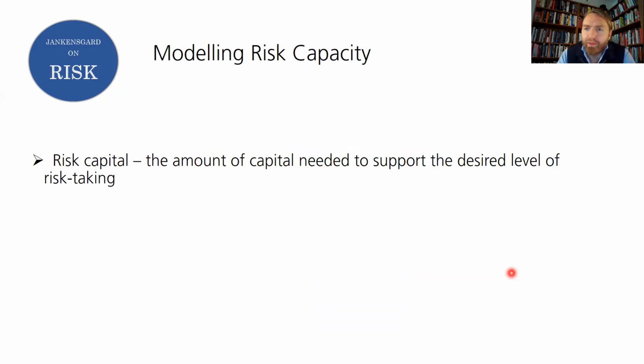So just to recap a little bit from the video on how to think about risk capacity. We were saying there that there's something called risk capital, which is loosely defined as the amount of capital needed to support the desired level of risk taking. So business is risky, right?